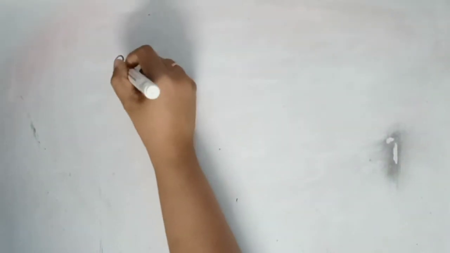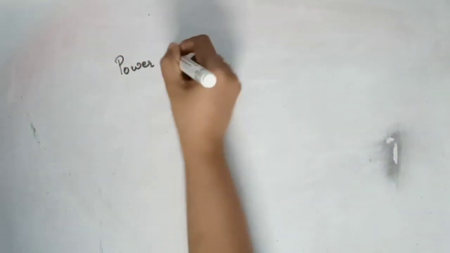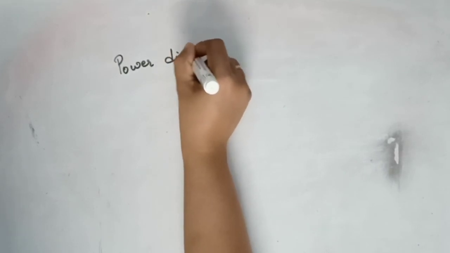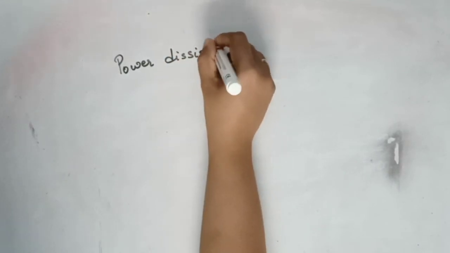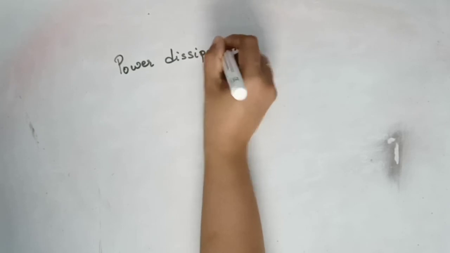Next is power dissipation. These are some of the terms related to the logic families. So we are just defining these terms first.